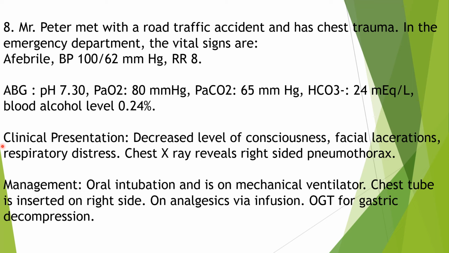ABG shows pH of 7.30, partial pressure of oxygen 80 mm of Hg, partial pressure of carbon dioxide is 65 mm of Hg, bicarbonate is 24 milliequivalent per liter, blood alcohol level is 0.24%. So here you understood the pH is less, that means acidosis, and also the PaCO2 is more, that means it is related to respiratory acidosis. The bicarbonate has no problem.